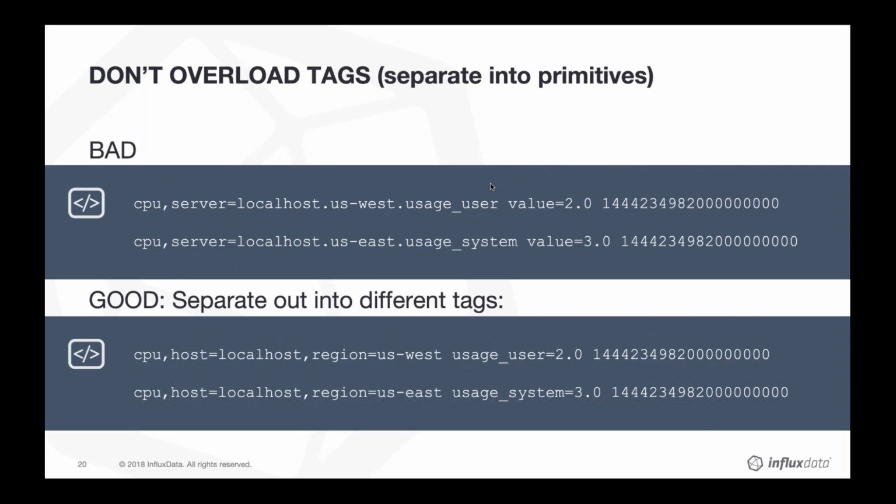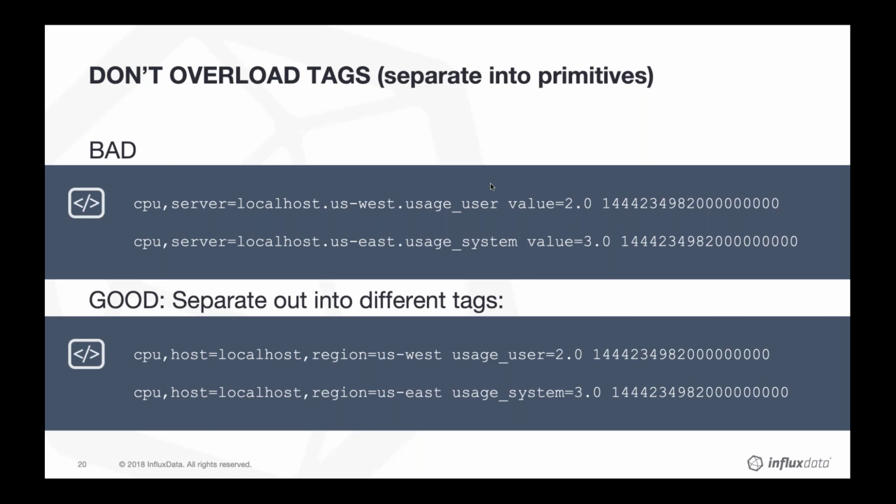Not overloading tags, or separating into primitives, however you want to call it. In this case, the bad lines here, we have a proper measurement name, but the tags could use some work, right? We have a single tag, server equals localhost.uswest.usage user. So one, obviously we don't have information in the field key, but we've also got two tags in one.